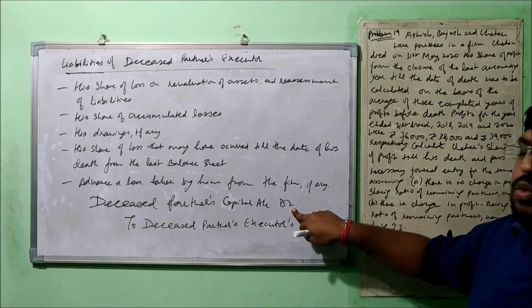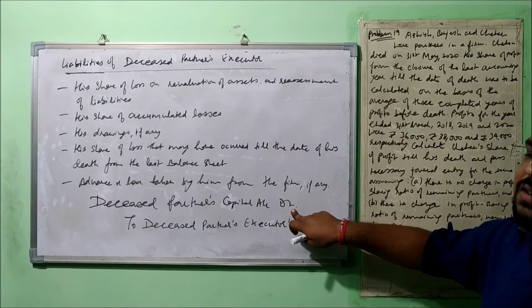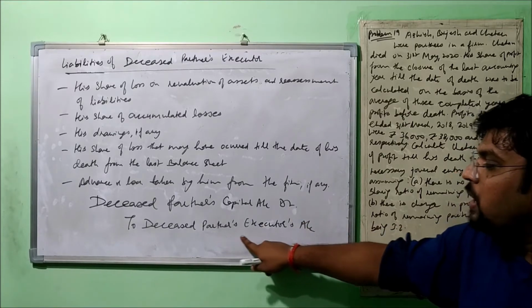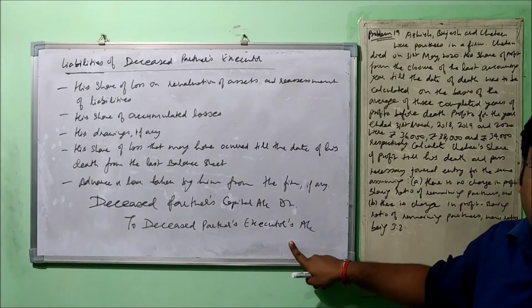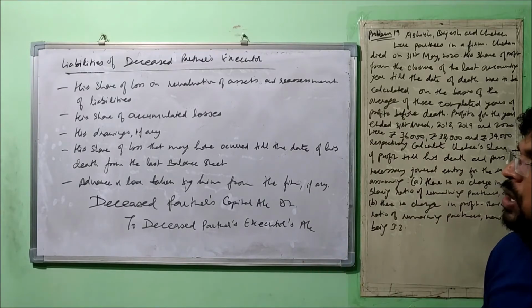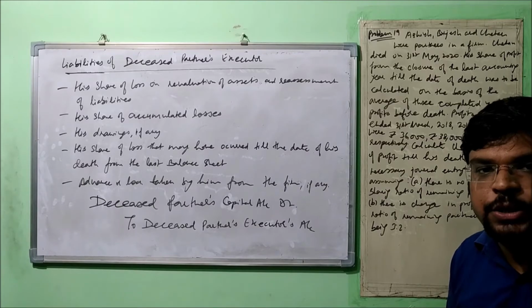Because the firm is going to finish the liability of the deceased partner's capital account, and whenever we finish any liability, it is debited. But one more new liability is created for the firm, that is the deceased partner's executor's account. Until the payments are made to the executor, his account will remain as a liability in the firm. Understood the point?